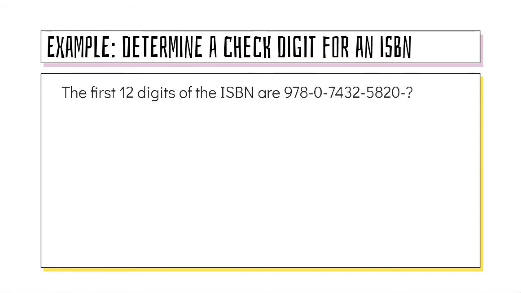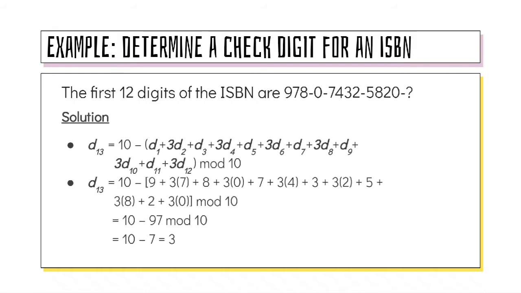Okay, class, let's have an example in determining a check digit for an ISBN. The first 12 digits of the ISBN are these, and the check digit, or the last digit, is missing. So we will compute it using this formula. The first step, class, is to substitute the digits for D sub 1 plus 3 times D sub 2 up until 3 times D sub 12.